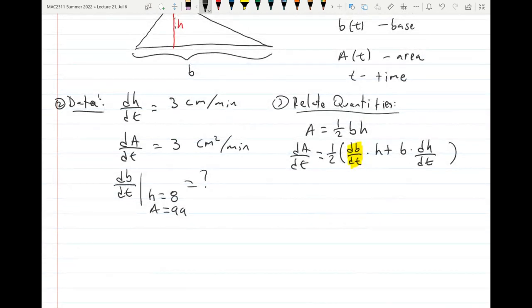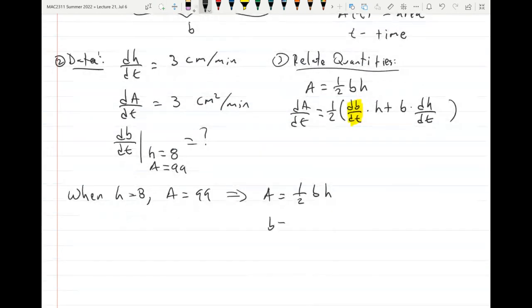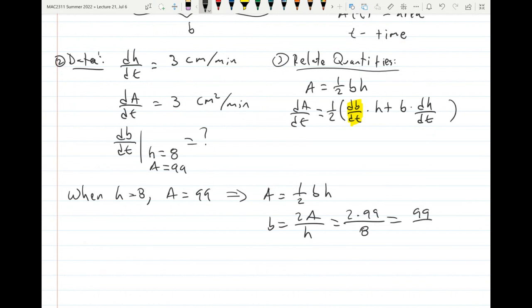So when h is 8 and the area is 99, we have our formula. I'm going to find B. So B is 2A over h, which would be 2 times 99 over 8, which is 99 over 4. Okay, so that's B.